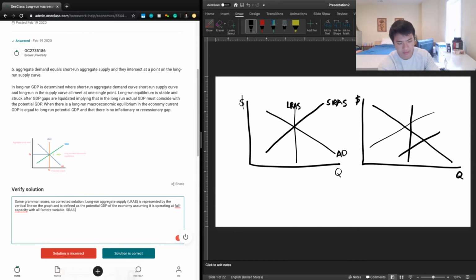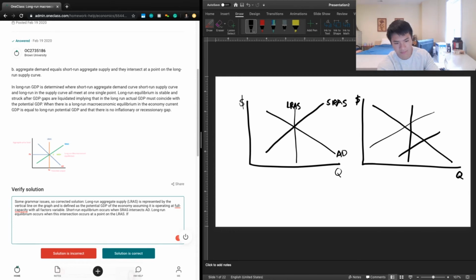And then short run aggregate supply. Short run equilibrium occurs when short run aggregate supply intersects aggregate demand. Long run equilibrium occurs when this intersection occurs at a point on the long run aggregate supply curve.